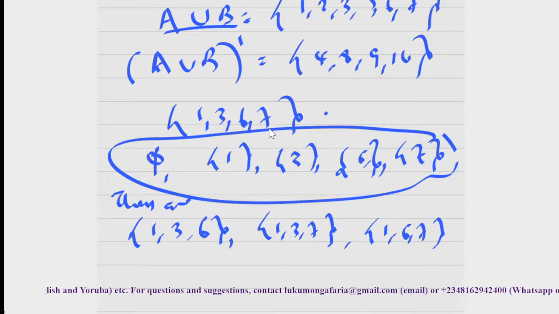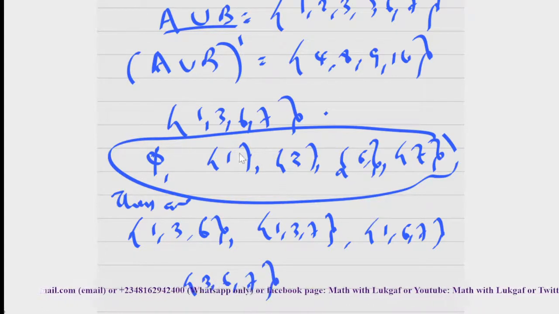I think you've married everything with 1. Take the second one too: 3, 6, 7. So we have 1, 3, 6; 1, 3, 7; 1, 6, 7; and 3, 6, 7. That's just that.